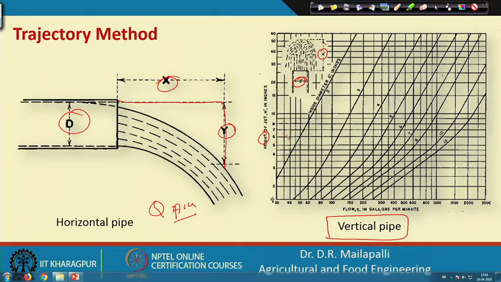So, for example, I need 10 inches of height on a 3-inch diameter pipe. Correspondingly I am going to get 150 gallons per minute discharge. So, this way you can estimate the discharge from vertical pipes.